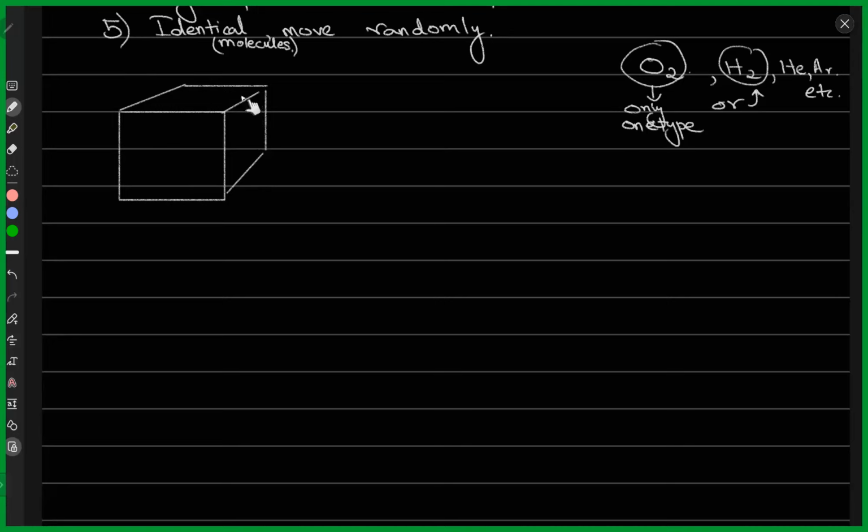So there are 6 faces of this cube, and we'll consider a gas. I'll just draw one molecule, but we'll assume that there are so many molecules, right? I'm not going to draw all of them, so that it's easier for us to derive this relationship. We'll consider that this gas has a mass m, and the length of the box we'll just call L. Now it's a cube, so all the sides are of the same length.